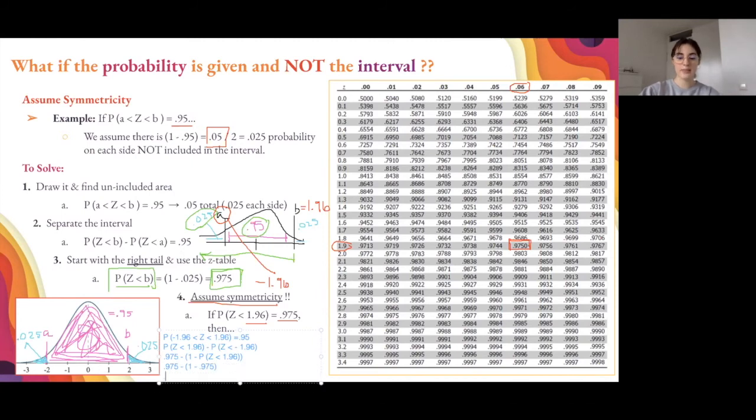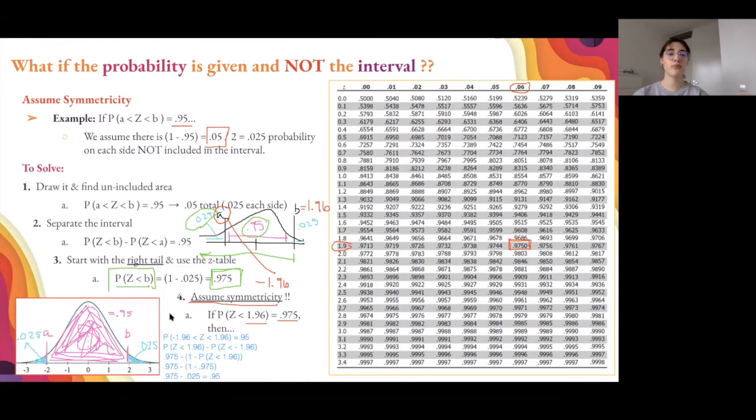And so as you can see, 0.975 minus 0.025 is equal to 0.95, which is exactly the probability that we found whenever we were trying to find the z-scores. So 0.95, they should equal the exact same thing.